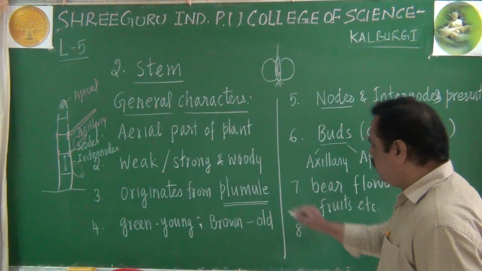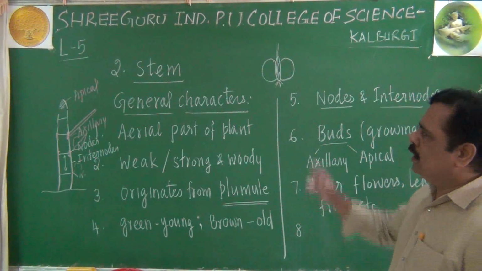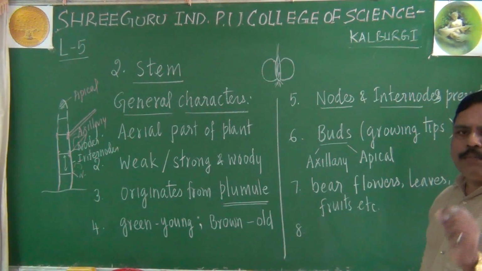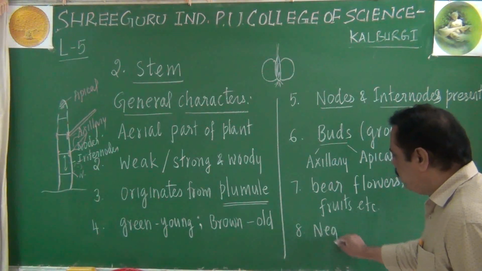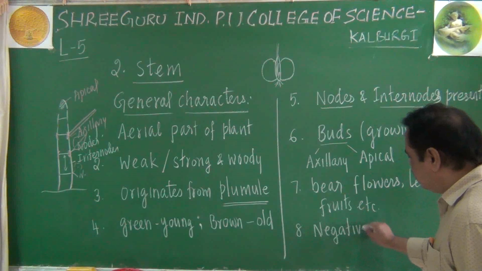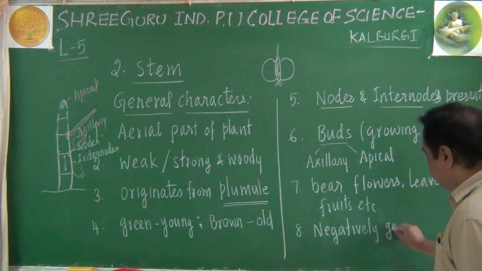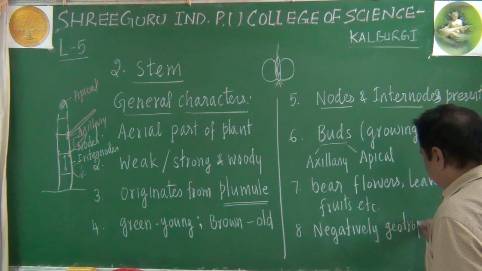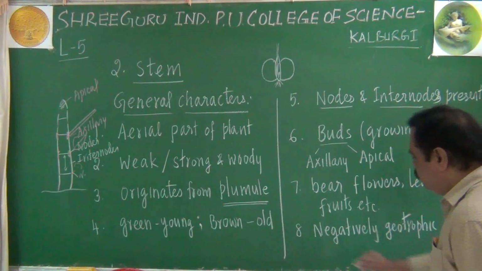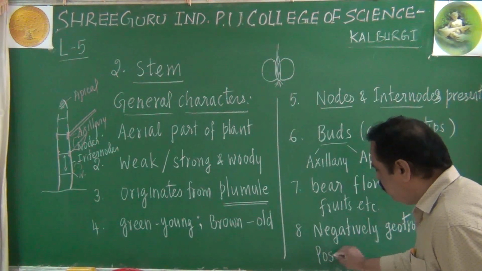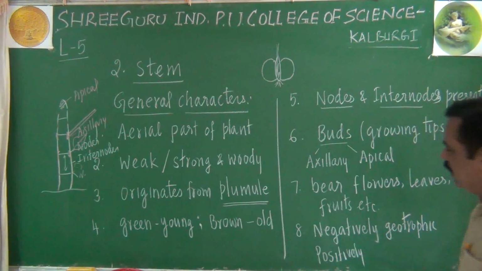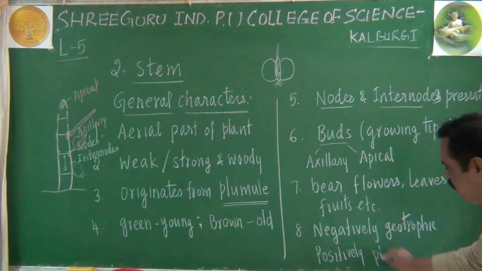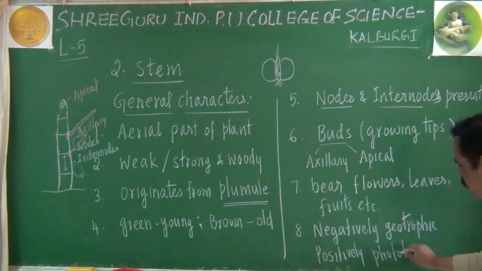Lastly, one more point I want to tell you here. A stem can be described as negatively geotropic, but positively phototropic organ also.